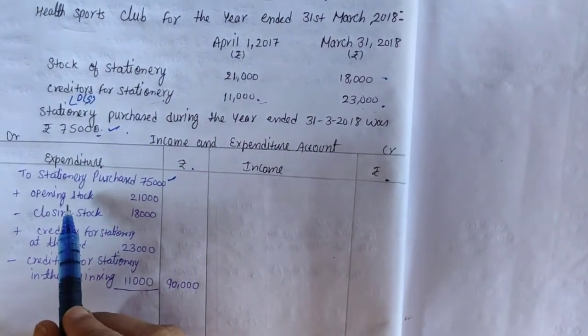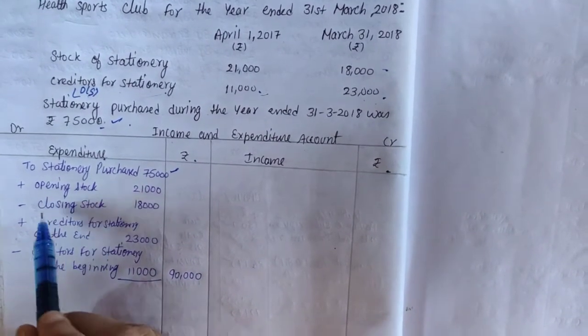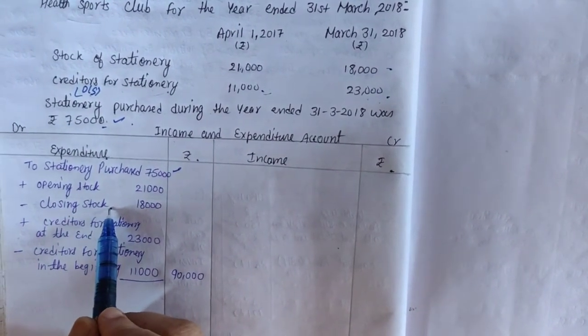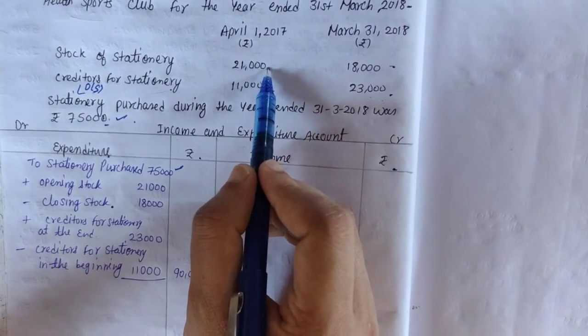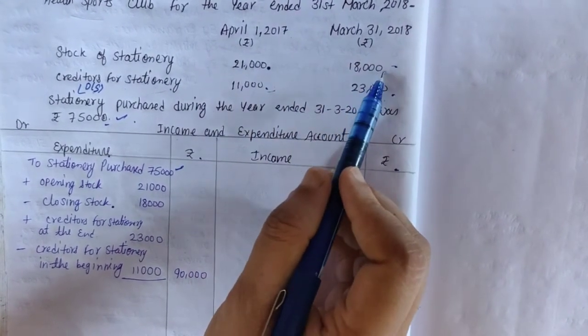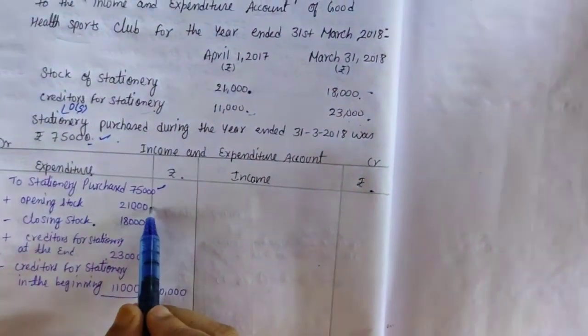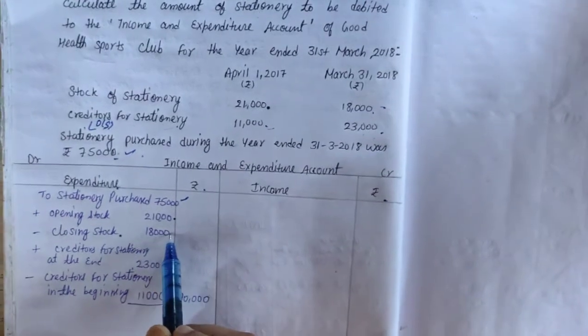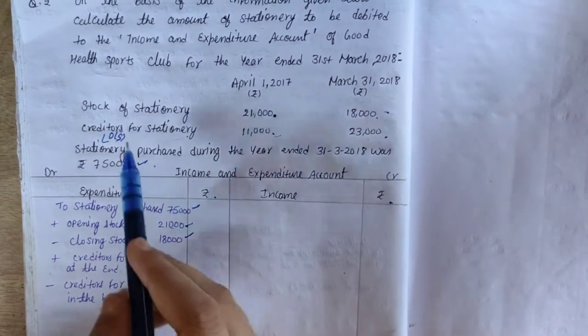Then according to the format we will add opening stock and we deduct closing stock. And what is the value of opening stock? That is 21,000. And what is the value of closing stock? That is 18,000. So we add 21,000 as opening stock and we deduct 18,000 as closing stock. After that, creditors.